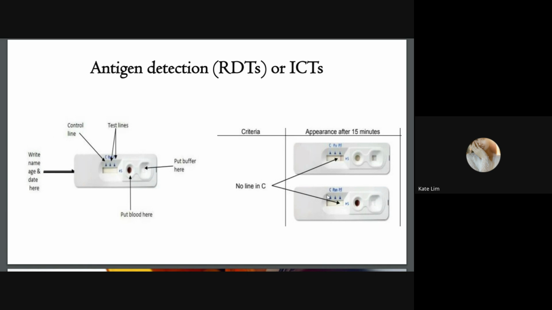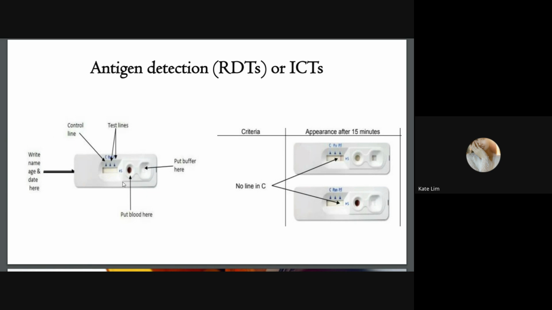So if there's a line in the C here, that would tell you that the test is valid and working. If there's no line in C, that would mean that the test is invalid, and you need to repeat it with a new kit.